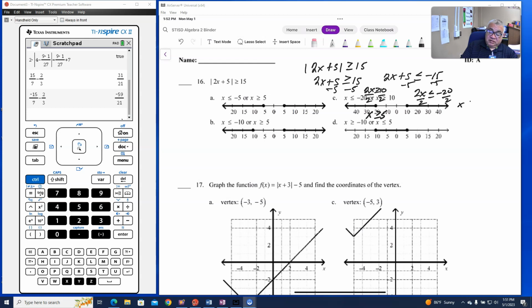So x is less than or equal to -10. So the only one that satisfies this, I think, is B. Remember, there's an equal sign. It's going to be a closed circle. That means it includes 5. So these are numbers that are greater than 5, and these numbers are less than -10. So your answer is B.